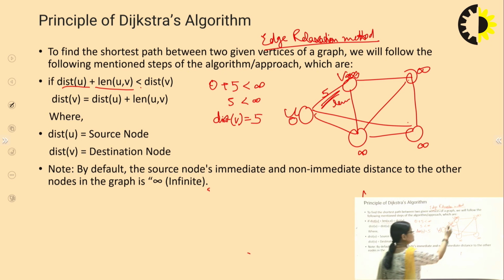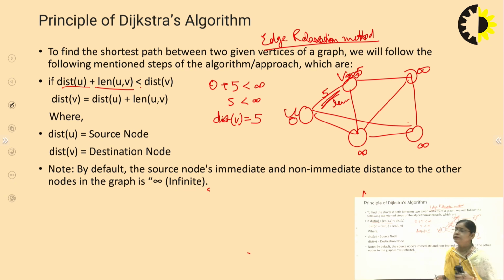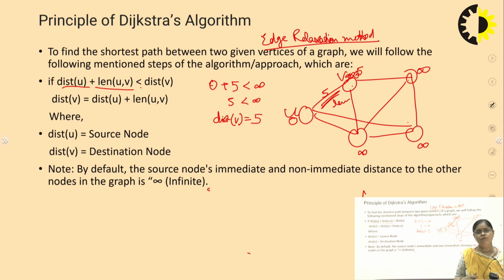So our visited node here is 5, clear? And by default, the rest will remain infinite, right? And step by step we will visit the other vertices and find the shortest path for this problem.